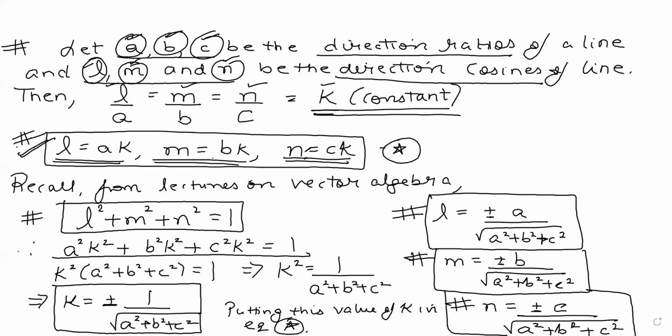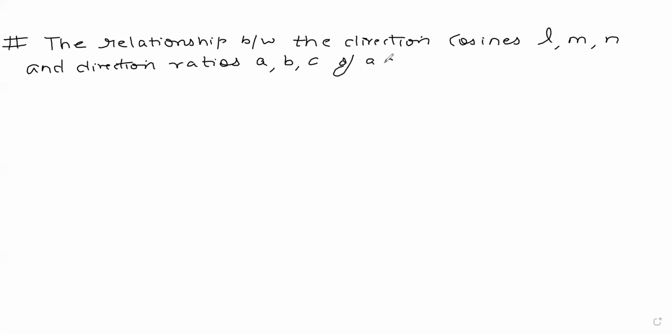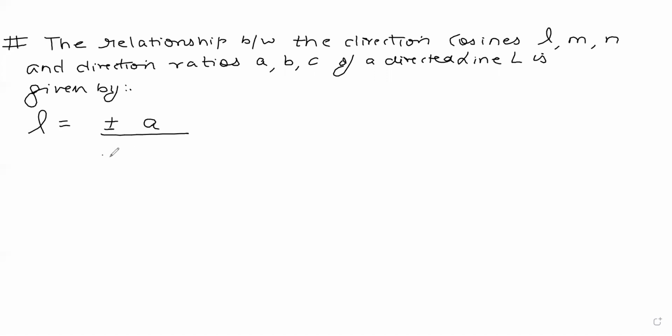So if I erase all this and write in a concise form, the relationship between the direction cosines L, M, N and the direction ratios A, B, C of a directed line is given by: L is equal to plus minus A upon the square root of A square plus B square plus C square.